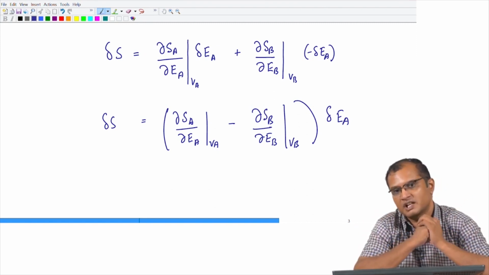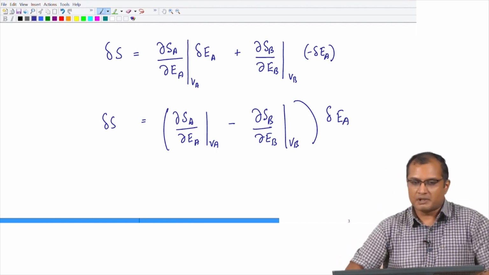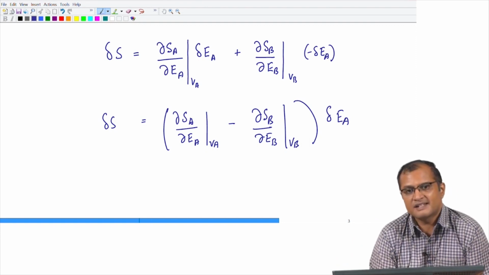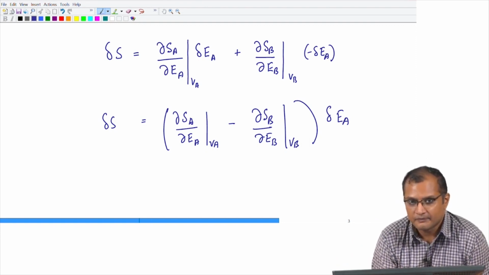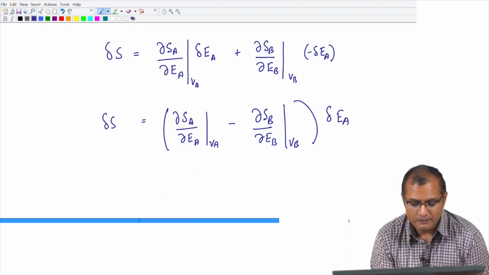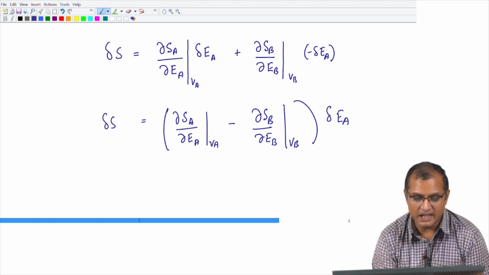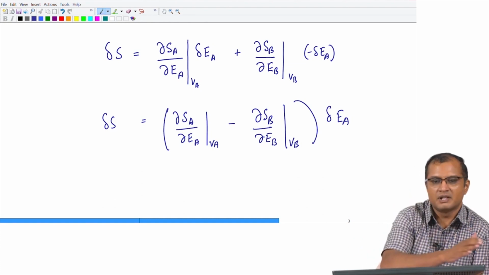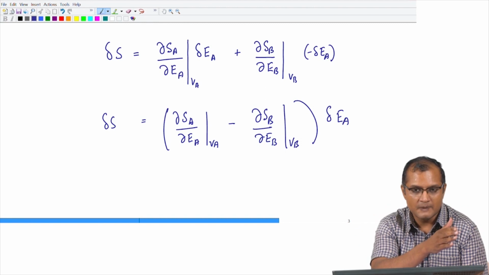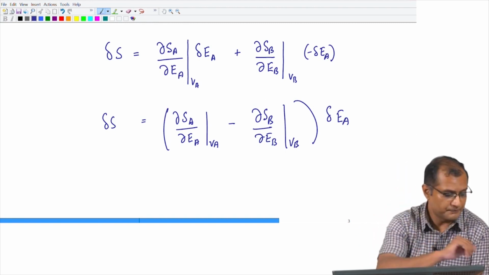Now, when the change was irreversible, you will definitely expect a positive change in the entropy, greater than 0. But we are chasing a condition for equilibrium, which means if you are at equilibrium, then there will not be any change in entropy. Any passage of energy from body A to B is reversible, because you are at equilibrium.